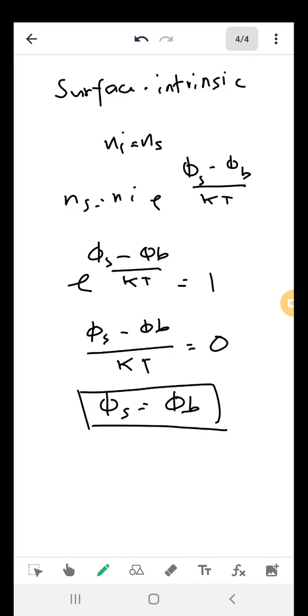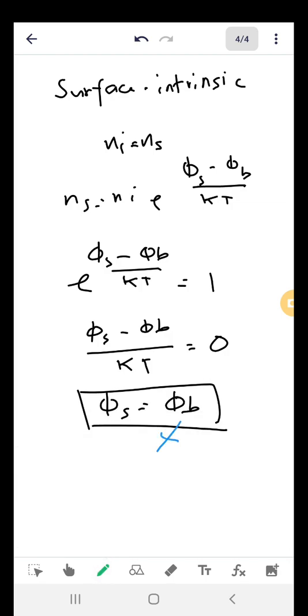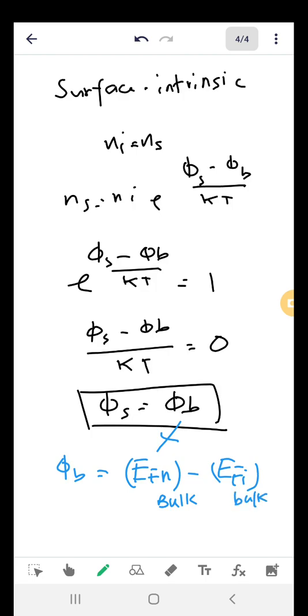Now phi b, the bulk potential, is again given as the contribution due to n-type doping in the bulk minus the intrinsic level in the bulk, and it is nothing but equal to kT ln ND by Ni.